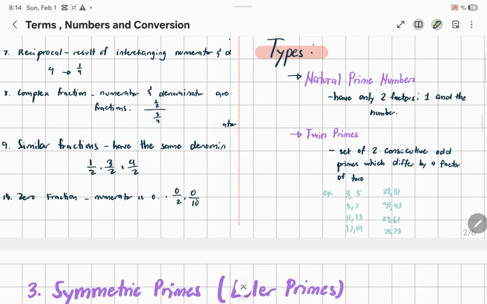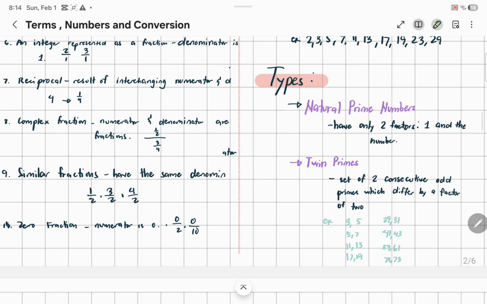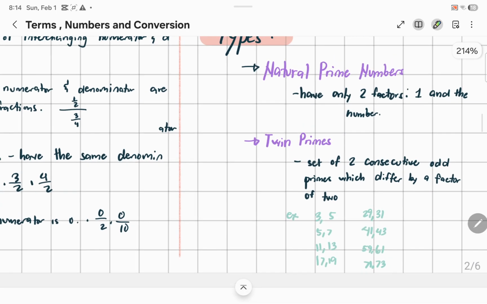Next, we have twin primes. These are a set of 2 consecutive odd numbers which differ by 2. So for example, we have 3 and 5. These 2 are prime numbers. When we plot it in a number system, 1, 2, 3, 4, 5, they differ by 2.